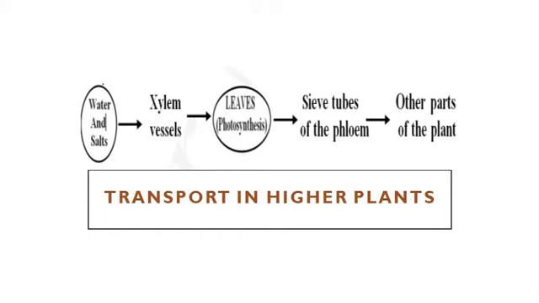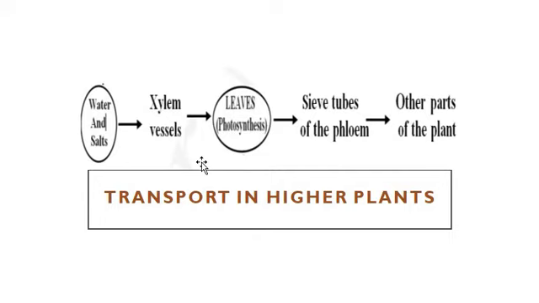Let's start with transportation in higher plants. We said that it needs a special system. Here we remember before that we have the xylem and the phloem. We took it in secondary one. We said that the xylem vessels take the water and salt from the roots, then to the stem, then to the leaves.